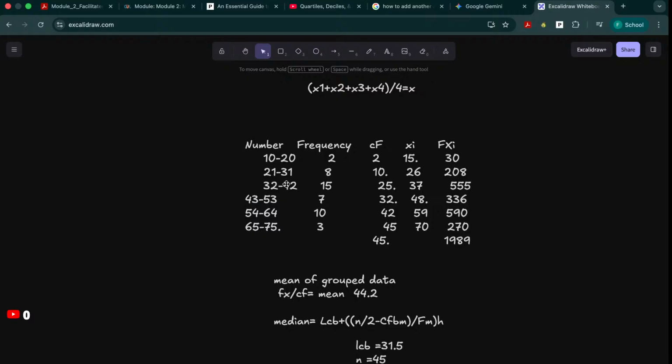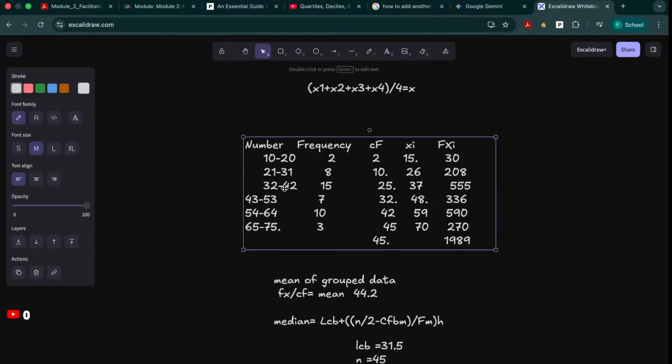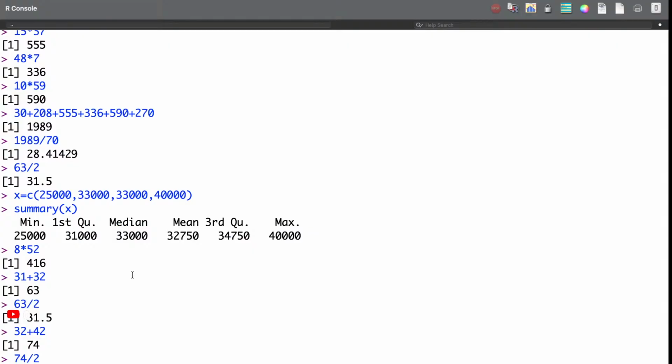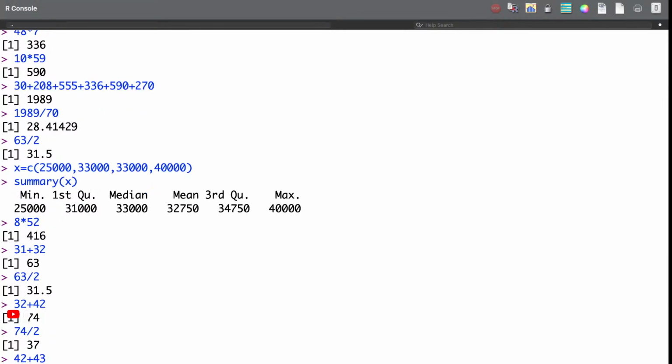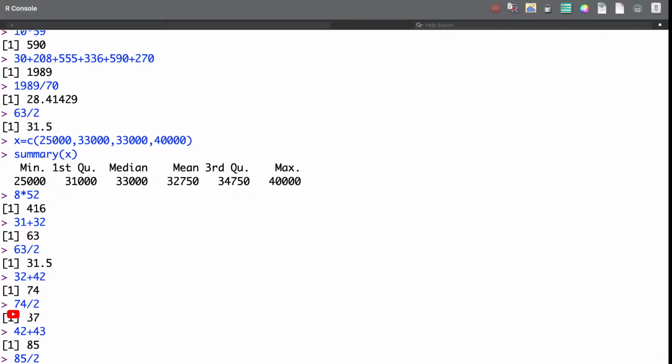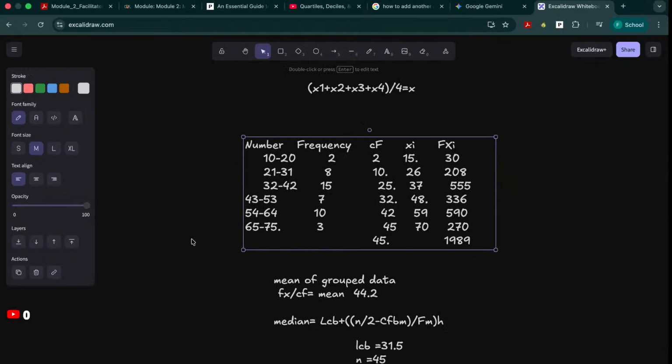No, not really. We should get 42 plus 43, 85 divided by 2. So 42.5. Then we do the other one, 32 plus 31.